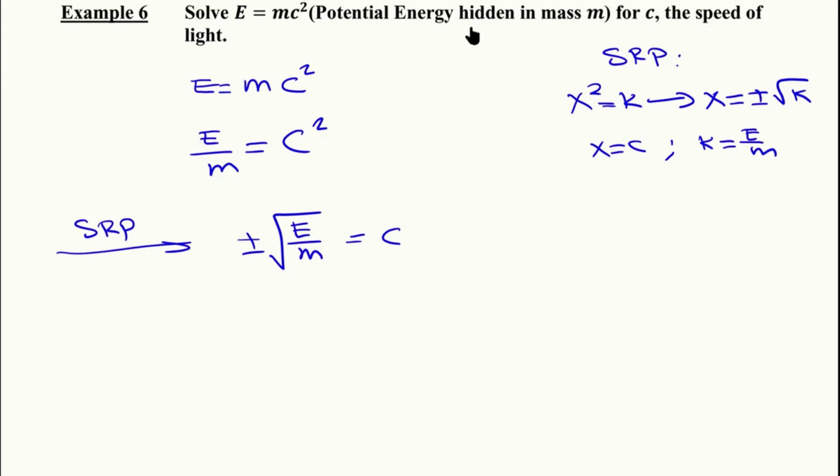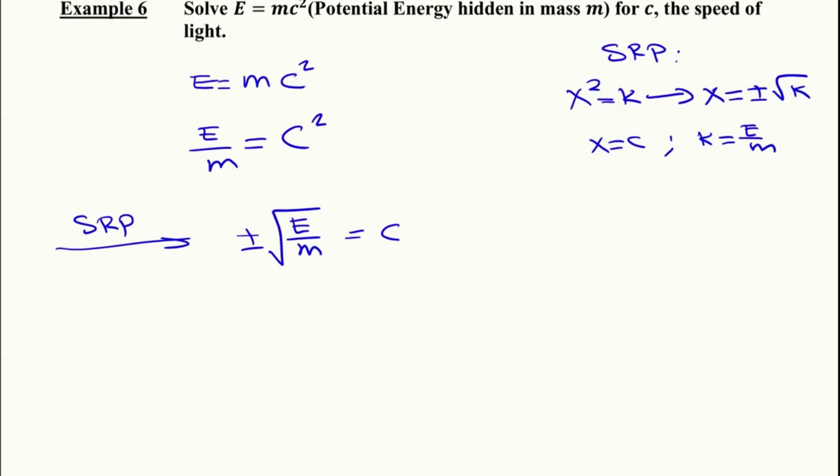Now, if the problem had been presented to you without all the explanations, such as what each letter stands for, you would have given this as your final answer with both the plus and the minus. But since we specified what they are and we know that c is the speed of light here, we're only going to take the positive case.